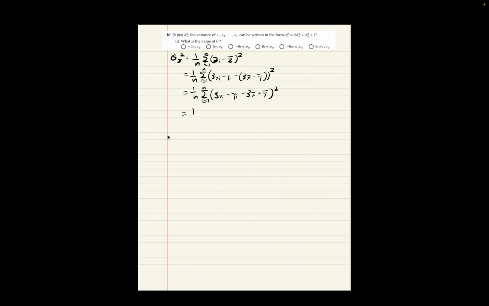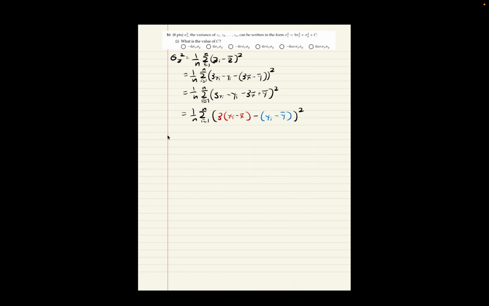Well, let's start by grouping together our like terms. And specifically, we're going to pull out a minus sign here from the minus yi plus y bar, for a reason you will see very shortly.